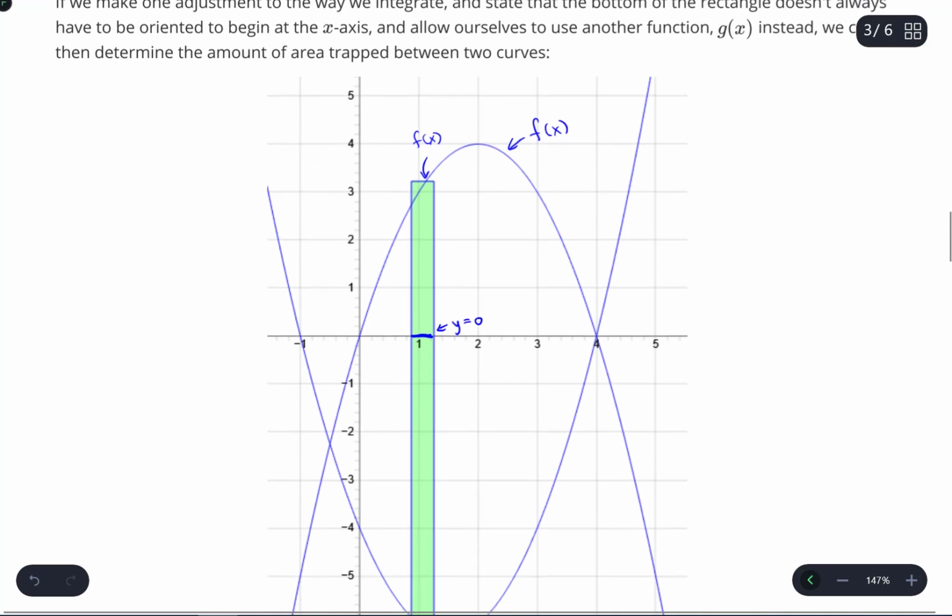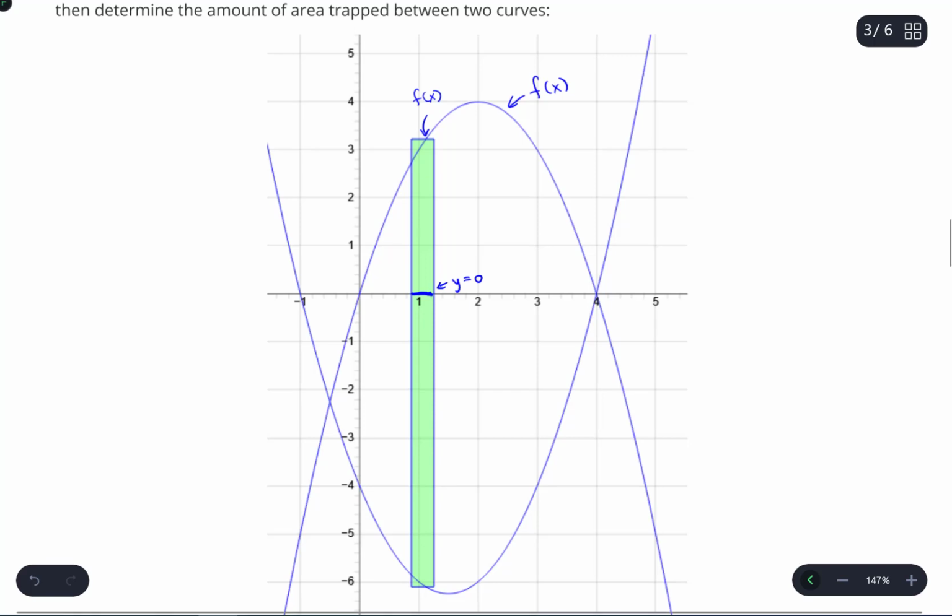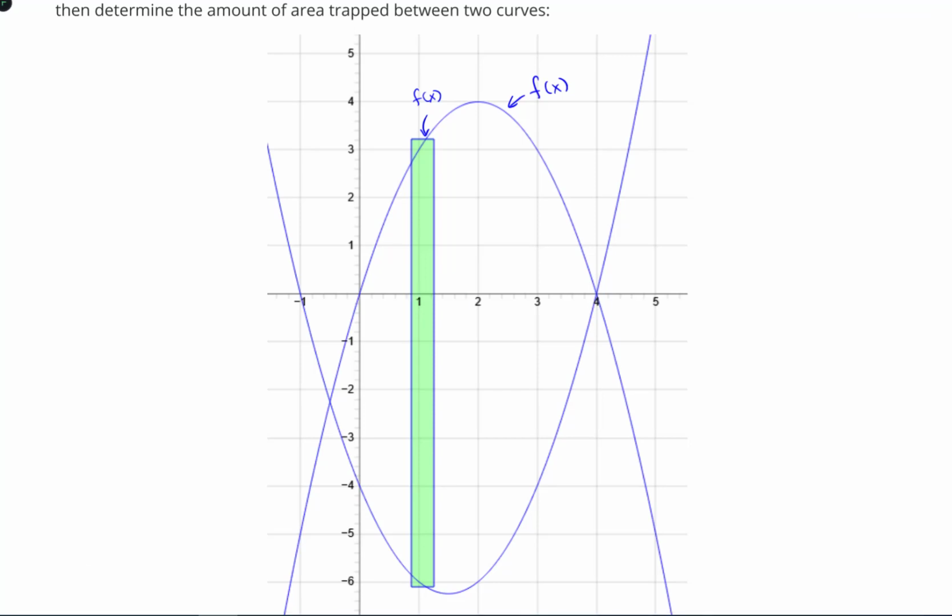And that change is, instead of using one function as the top of our rectangle and 0 as the bottom, we can use some other function to define the bottom of our estimating rectangle.